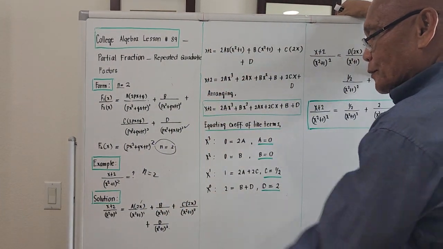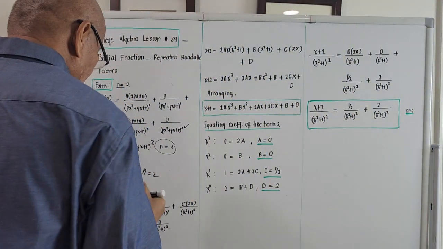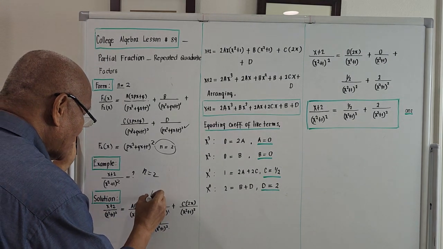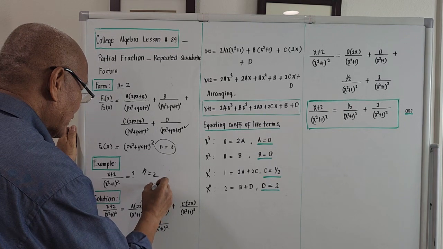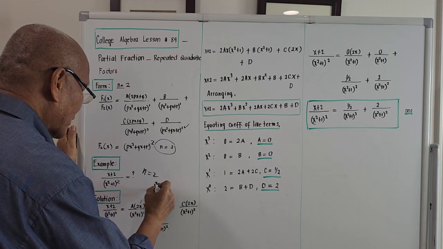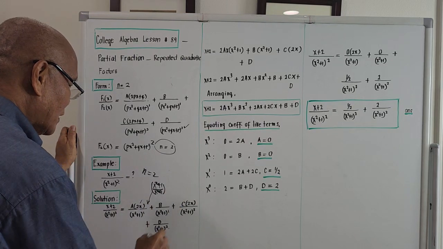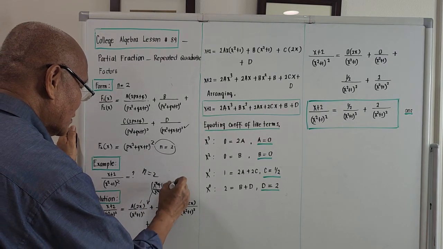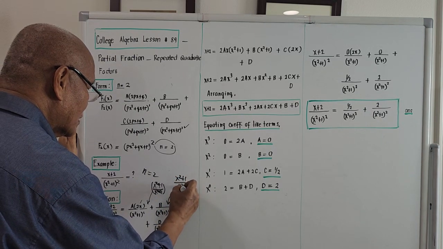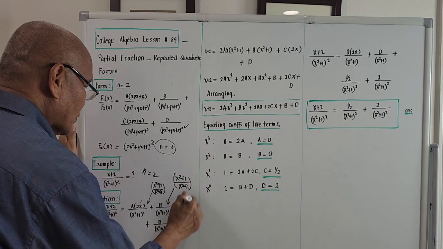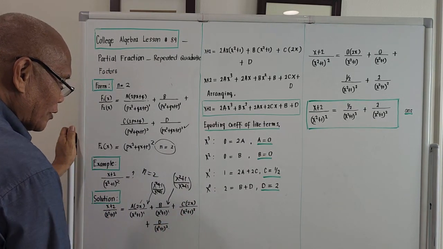Okay. For the second one, we try to multiply this by x squared plus 1 over x squared plus 1. Right? And so with this one, we multiply this by x squared plus 1 over x squared plus 1. For this one, as it is, because this is x squared plus 1 quantity squared already.